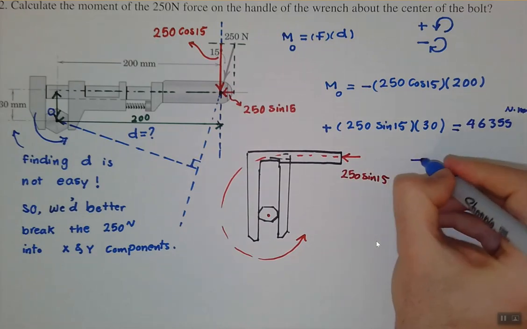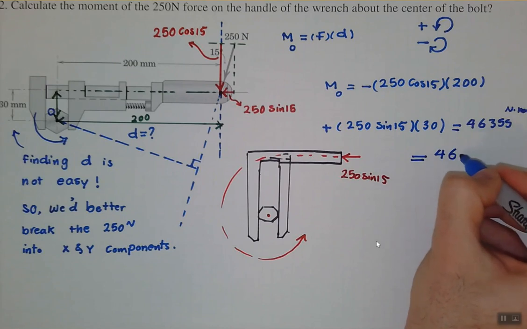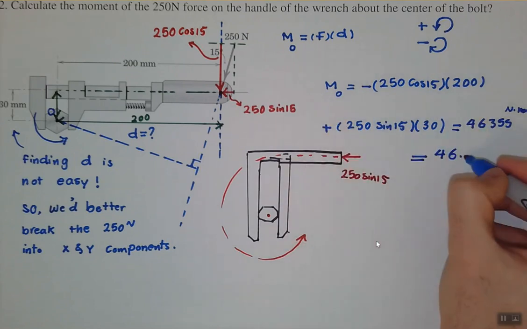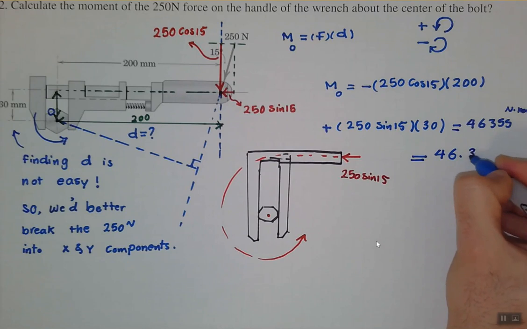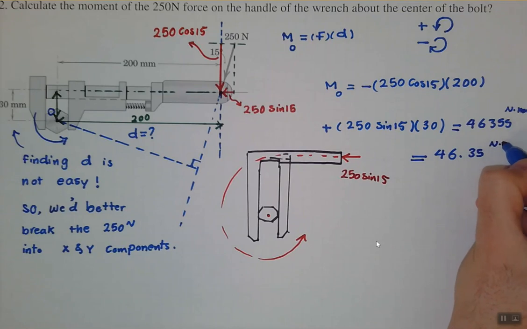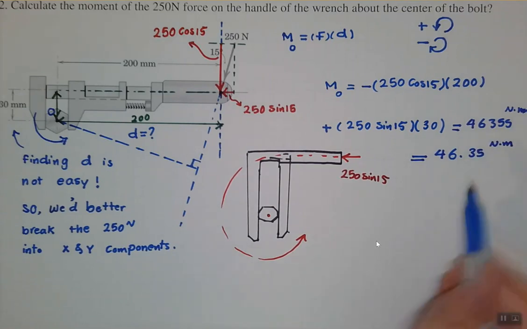So I can convert it to Newton meter, depending on what the question asks us. In this question, it lets us decide. Maybe it's more appropriate to use 46.35 Newton meter, and I approximate it to just 2 figures after the decimal point.